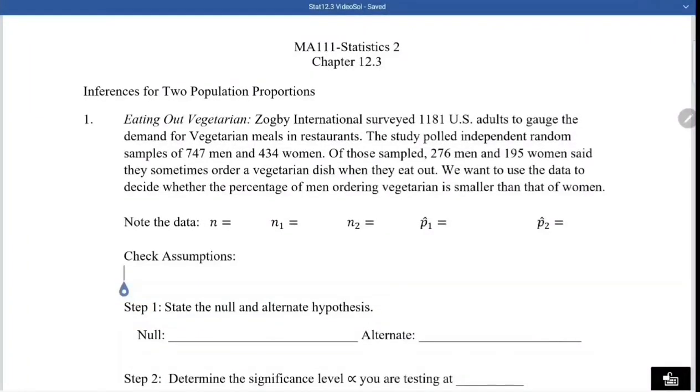Hello everyone. This is the third worksheet of chapter 12, which is on two population proportions. In the first two sections of this chapter, we covered one population proportions, and the last section is on two population proportions.